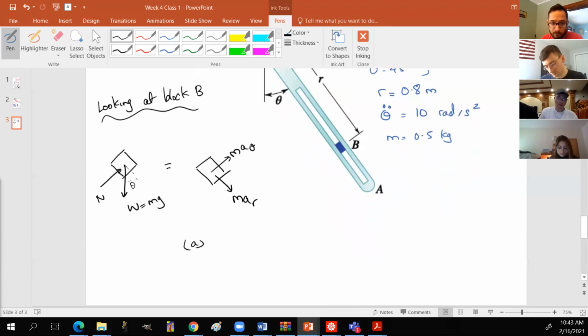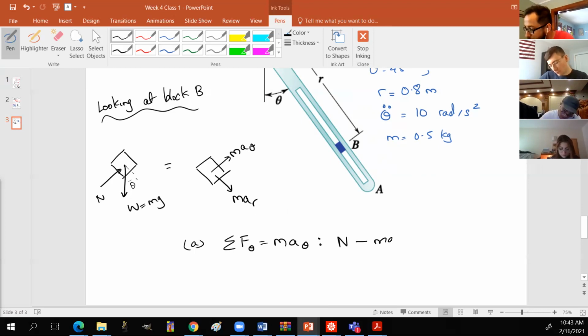So for that, let's do the sum of forces in the theta direction, which is equal to m a_theta. So you'll have N positive in the theta direction, minus the component of W, which is going to be mg times sine 45.